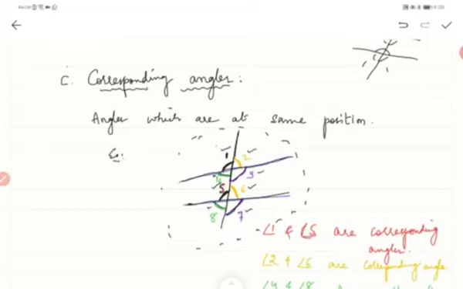Okay, so let's see here again. Now suppose I have A, so what would be the corresponding angle of A? Here. I will take this as E. Now tell me the corresponding angle of B. It is here.